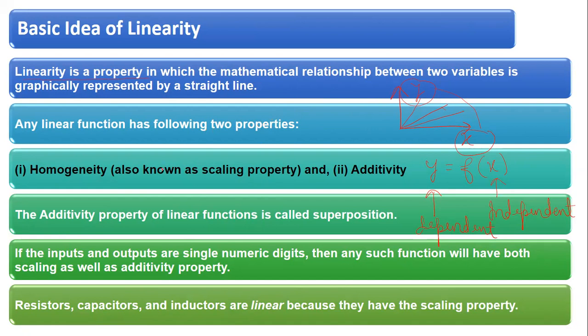But there is one doubt. Let us say there is a system which has two parameters, y and x, and you have a mathematical relationship like this. So this is an intercept basically.